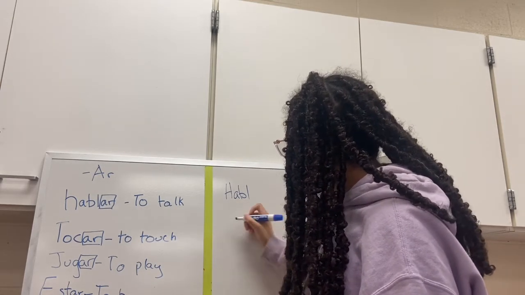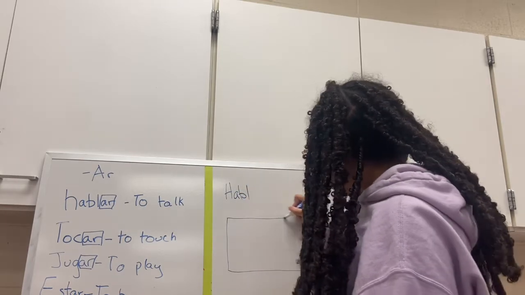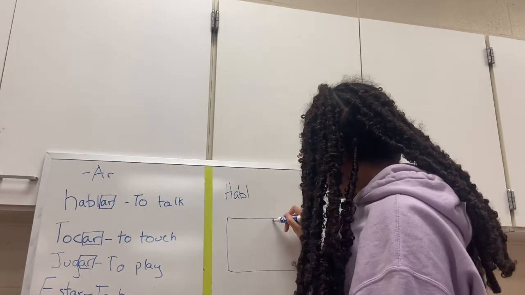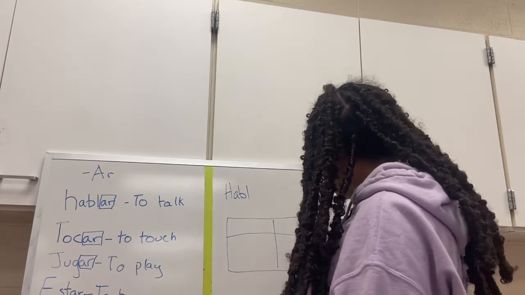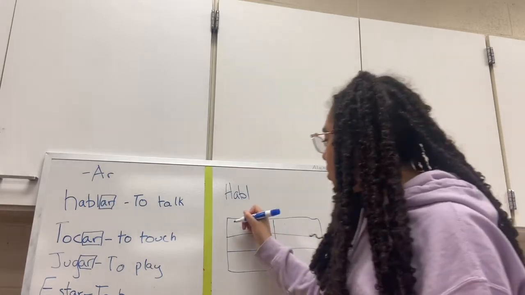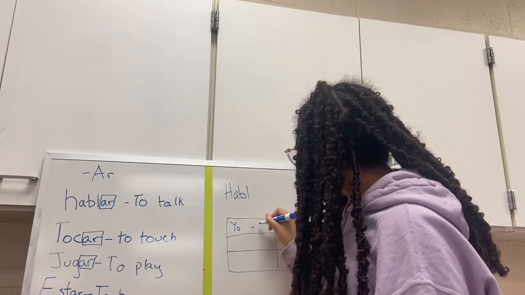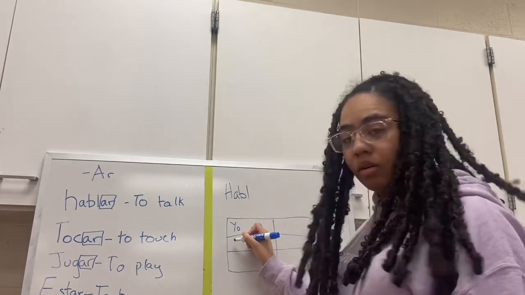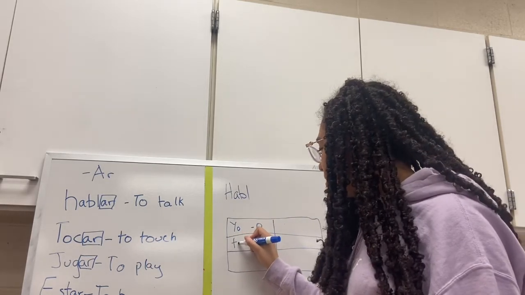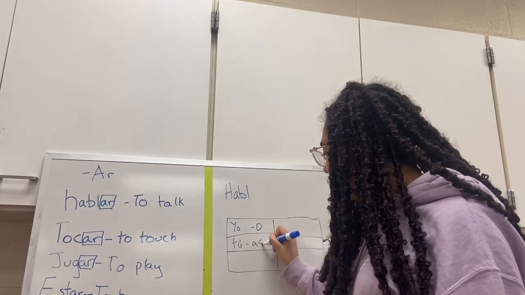I'm actually about to just make my little square. Remember our square? We have our different subjects, right? So for yo, you would add on an O. Okay, for tú, you add on as.